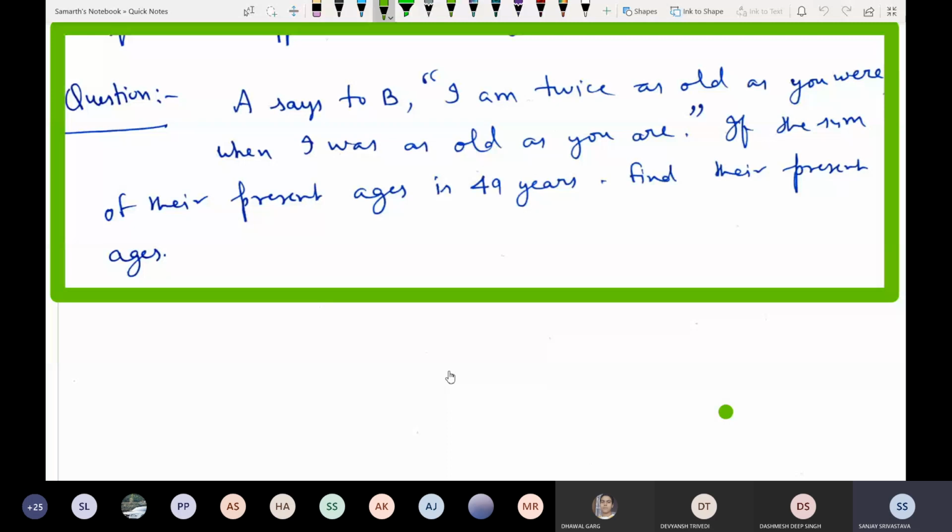Are you trying? Sir, I can't understand the sentence in quotes. That is the beauty of framing. A says to B, I am twice as old as you were when I was as old as you are. This question can be done only by intelligence, by those who are fully focusing and concentrating on the language. Or should I give you the hint, boys?